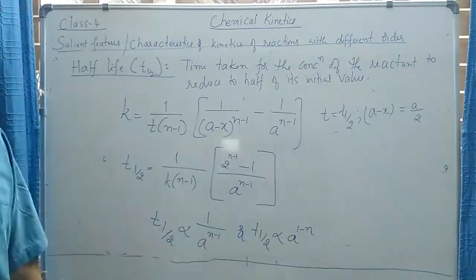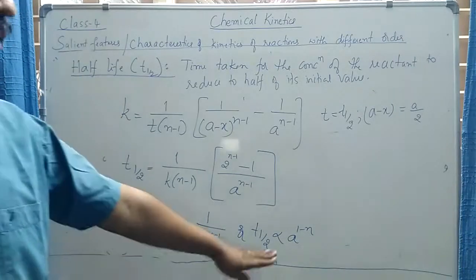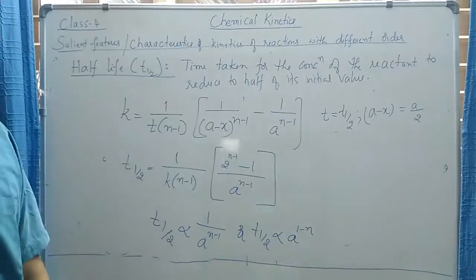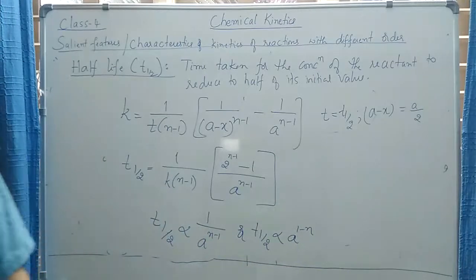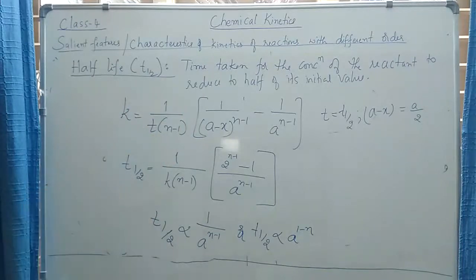Therefore T half is inversely proportional to initial concentration. So this is a general equation. By substituting different values of n, you can find out the relation between T half and initial concentration for different reactions, and we will reproduce the same thing that we discussed, in detail for each reaction.